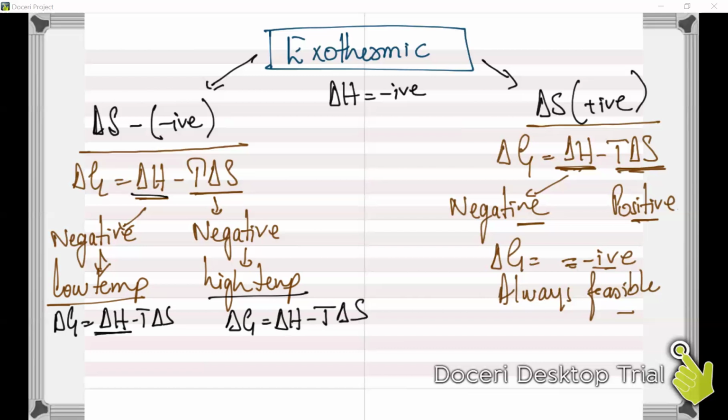Both the values are negative. If both the values are negative, maybe one is at low temperature and one is at high temperature. So this one is low temperature.